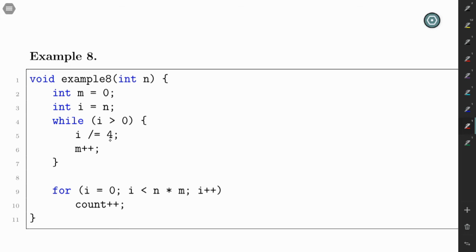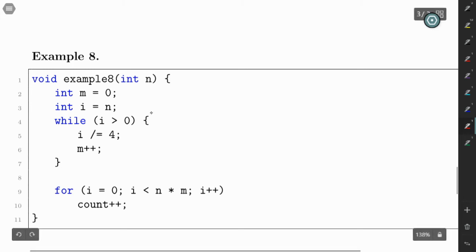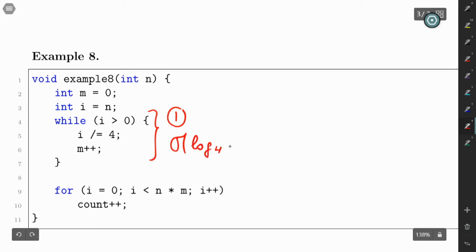Once we cut it all the way down to 0, we're going to exit the while loop. So in this first loop, this is going to be just O of log base 4 of n, because of course the base 4 comes from us cutting everything down by 4.